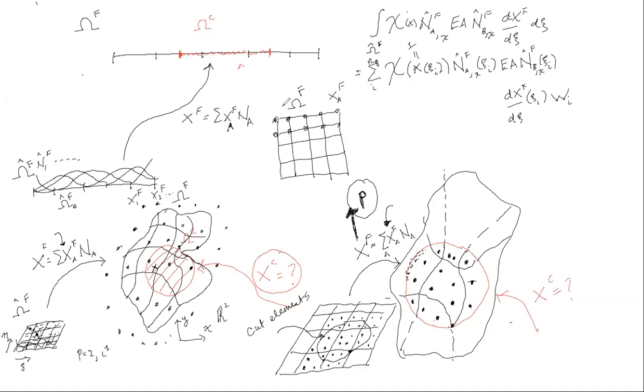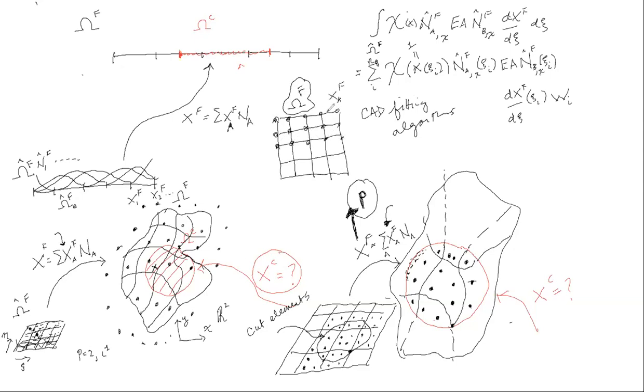So some algorithm, a CAD fitting algorithm, is run that fits a spline to this new domain defined by the CAD system that we're calling omega F, and it spits out the control points.